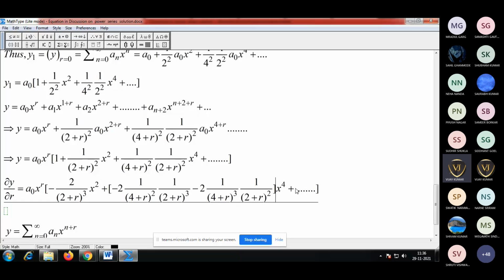Please check my calculation, always I'm saying. So when we differentiate second term by parts, first function derivative of second function plus second function derivative of first function, and so on. Plus second term, it is this whole bracket.